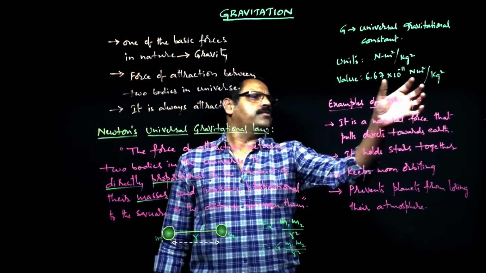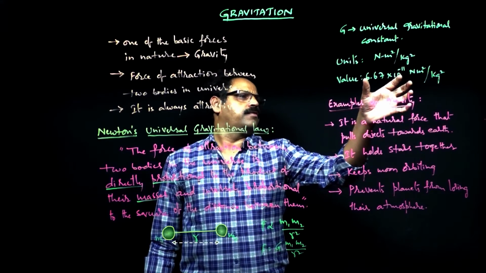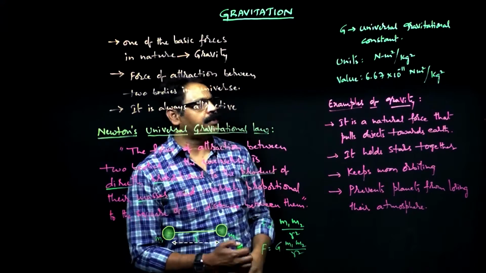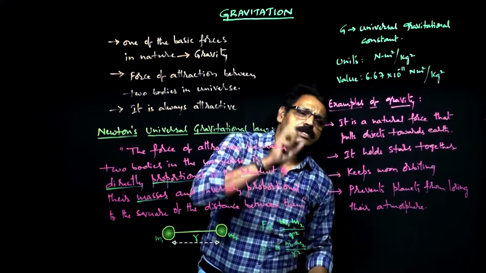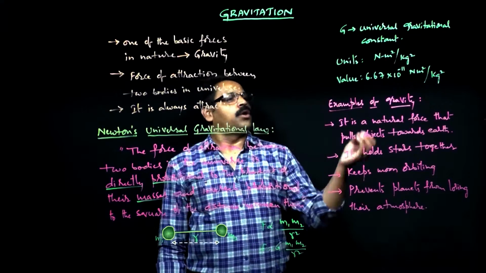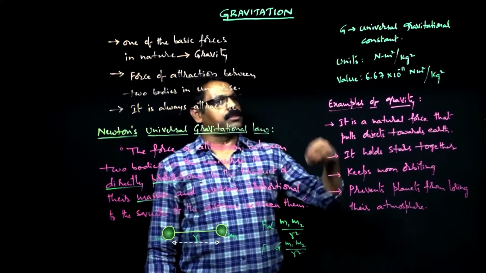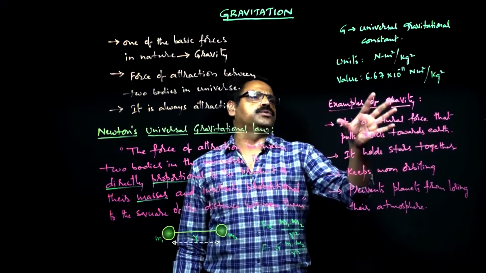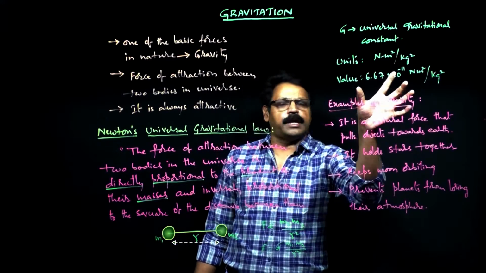These are the units, and the magnitude, the value of this G is 6.67 into 10 power minus 11, and this value is going to be constant everywhere in the universe, not only on the surface of the earth, on the moon, on the sun, on Mars, on Venus, whatever planet you take, the value is going to be the same.